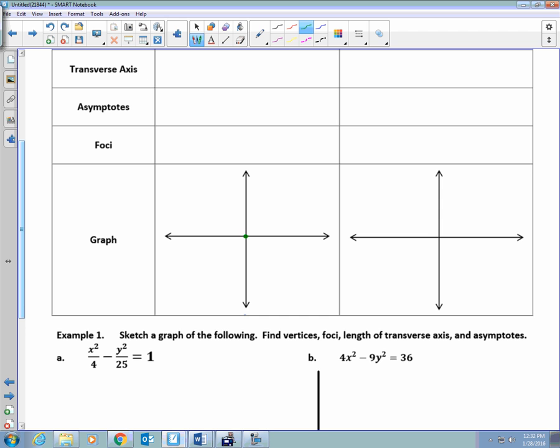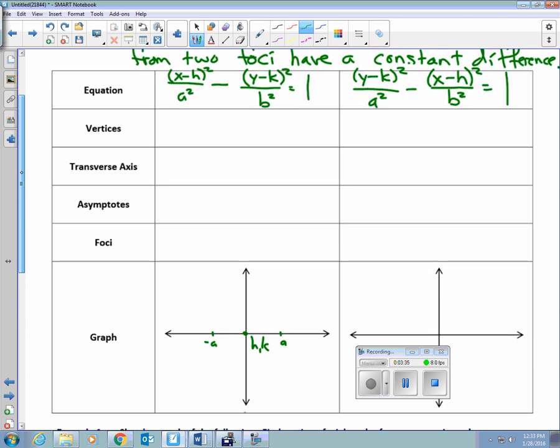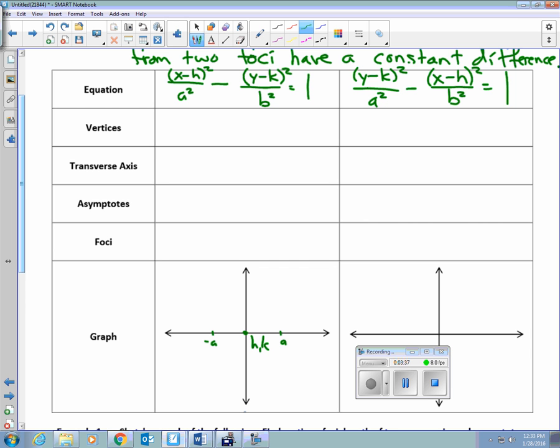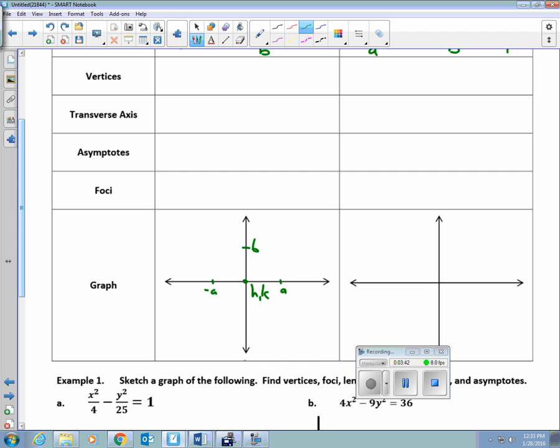If the center is (h, k), we'll put it right at (0, 0). We need to figure out how to sketch these things. So I plot a and negative a. How many units do you think I go in the y direction? b units in the y direction. Once I plot those four, I use them to sketch my box.